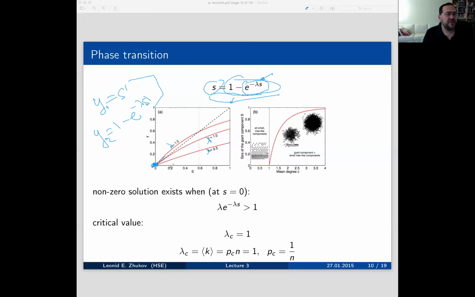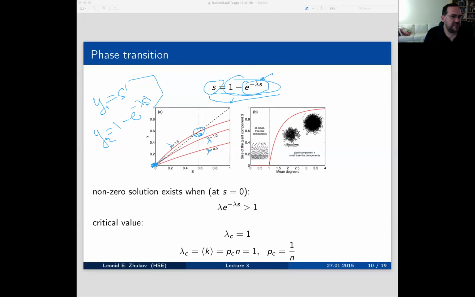But we are interested in a solution different from 0. That solution will exist if these two curves intersect somewhere else, like right here. And the question is, can we come up with a condition when this non-zero solution exists?